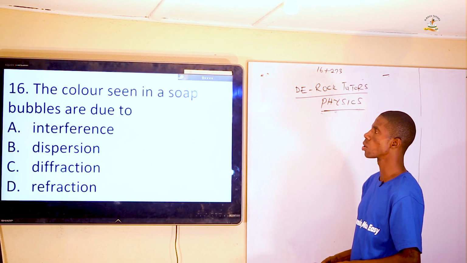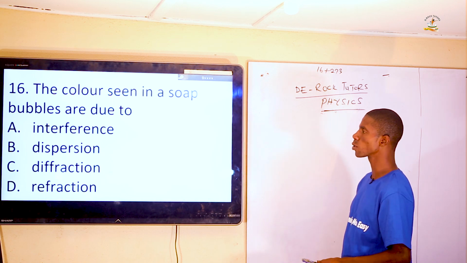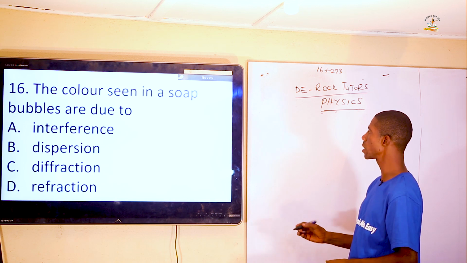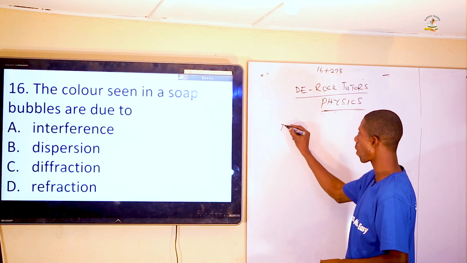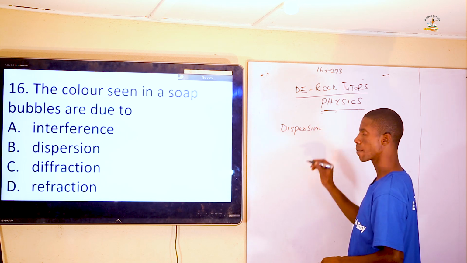The colors seen in soap bubbles are due to what? We have the option of interference, which is a property of waves. Dispersion explains the scattering of white light as it passes through a glass prism.